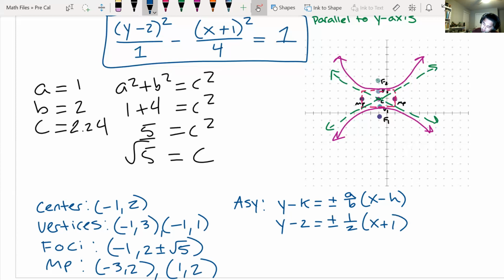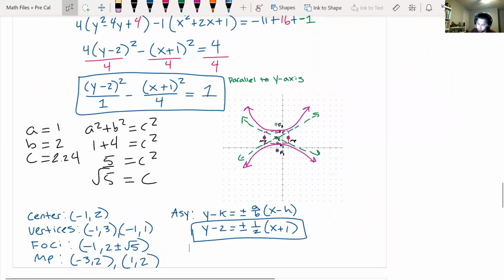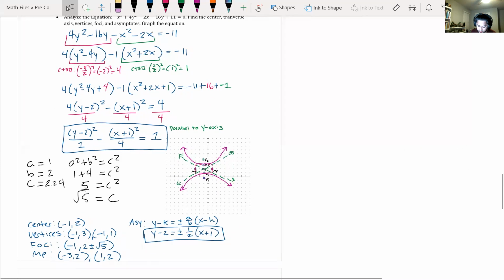And like I said, I think you can leave it like that, but if you want to solve for it, go ahead. Let's do it.